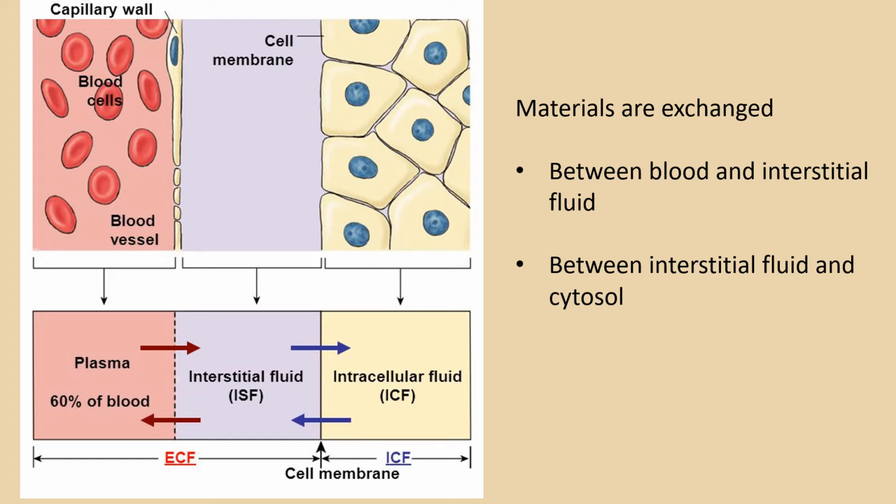You'll recall that the barrier between blood and interstitial fluid shown here, that barrier is the blood vessel wall, the capillary wall, and there's a bidirectional movement of water and solutes and gases across that wall. And then the barrier between interstitial fluid and cytosol, or intracellular fluid, is the plasma membrane. And we've studied how materials cross that plasma membrane quite extensively.